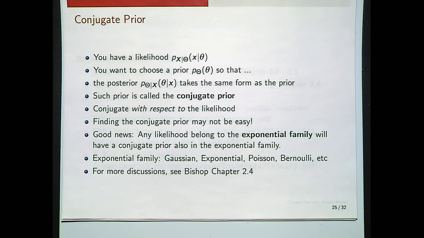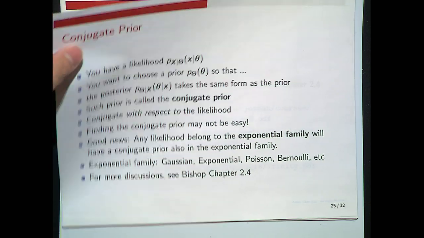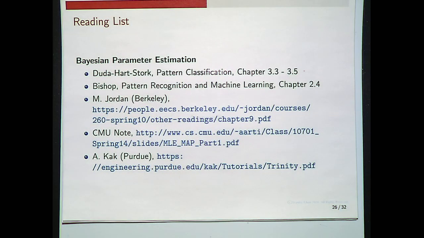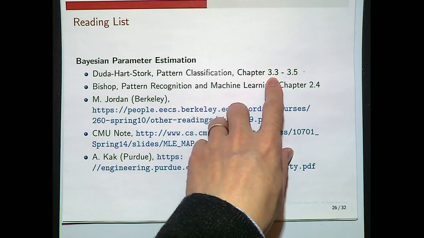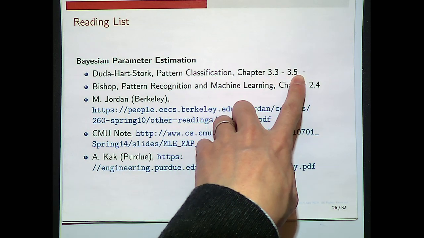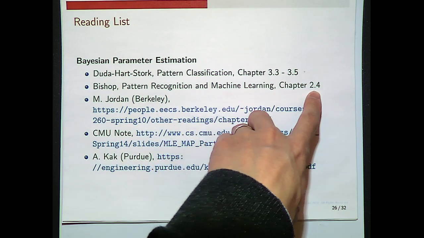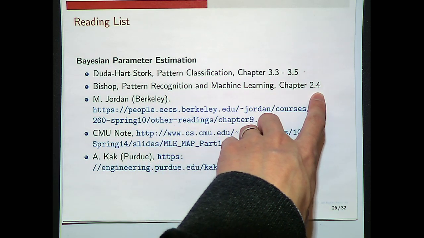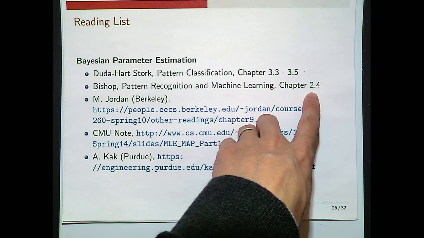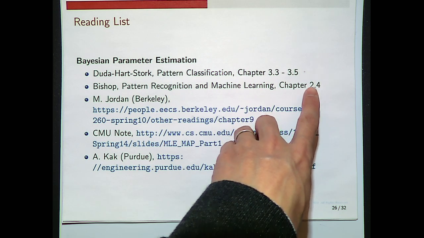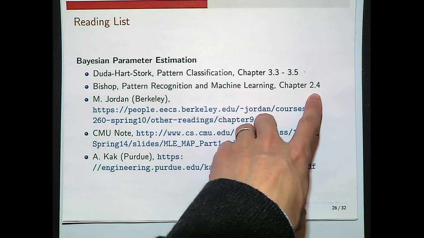So there are a lot of readings for today. I encourage you to read sections 3.3 to 3.5. If you read Chris Bishop's Pattern Recognition and Machine Learning textbook, that's section 2.4. That's actually a pretty long section. Take a look. They have a lot of very illustrative diagrams to explain this concept of conjugate prior.